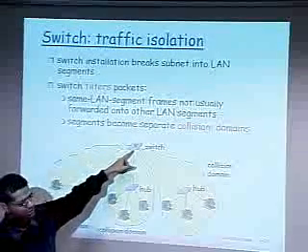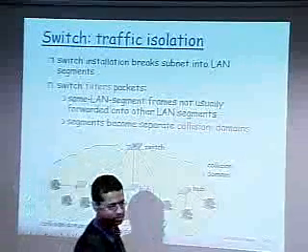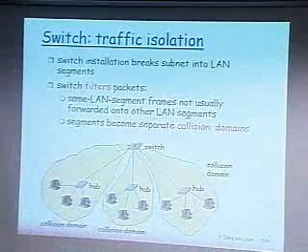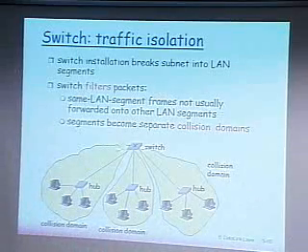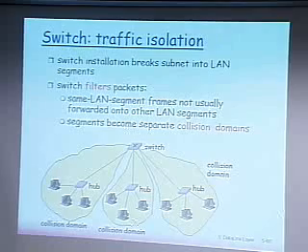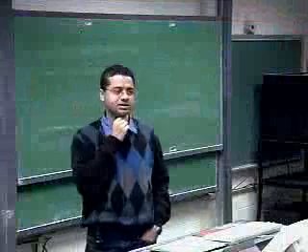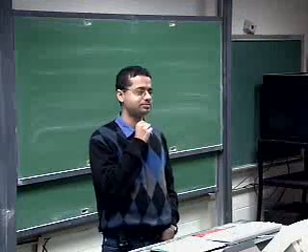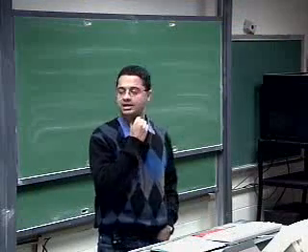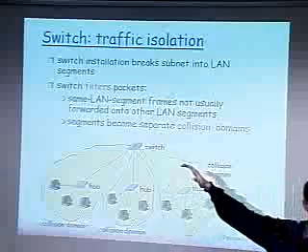Now you could also do this thing with a router instead of a switch. So why not use a router instead of a switch to connect these networks? Yeah. It's more expensive. Is there any benefit of a router? It's more expensive. For a router, you have to configure it.